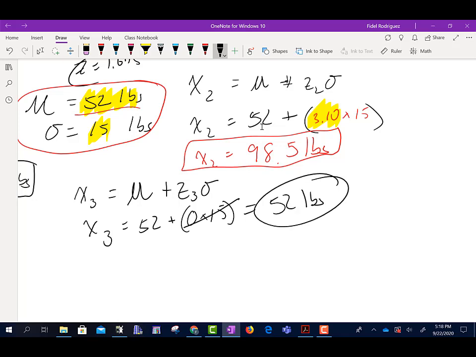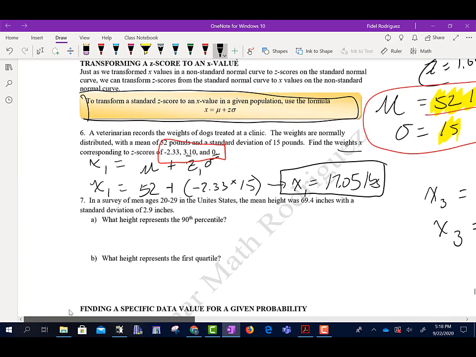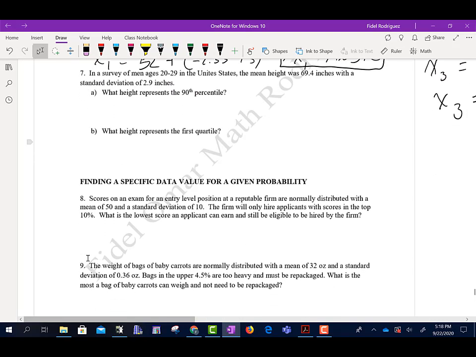So that dog weighs the same as the average, right? That dog is 0 deviations away. He is exactly, or she is exactly, the same weight as the average of all the dogs. Okay. So let me move back this way so we can finish off what we have here.